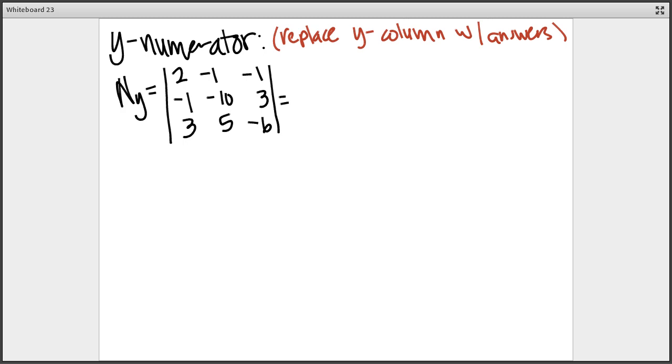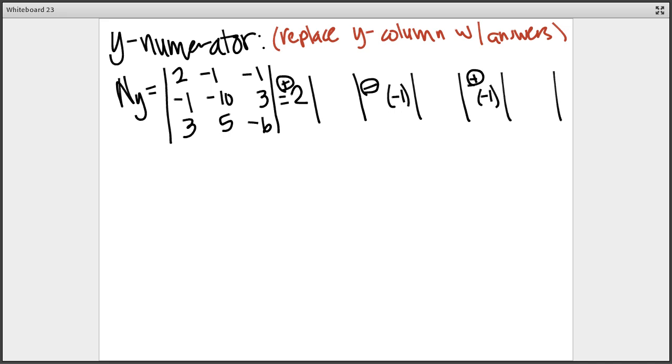All right, so this is going to be 2 times some determinant. It's going to be a positive 2. And then you're going to have a minus, and then times a negative 1 times some determinant. And then it'll be a plus, but then it's a negative 1 times the last determinant. Hopefully that doesn't look too confusing, but I thought maybe it would help to see that.